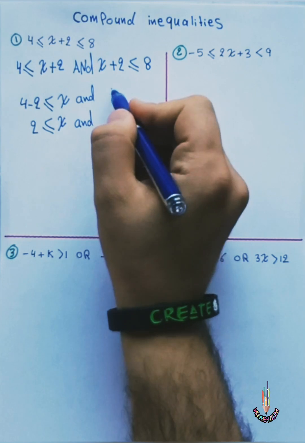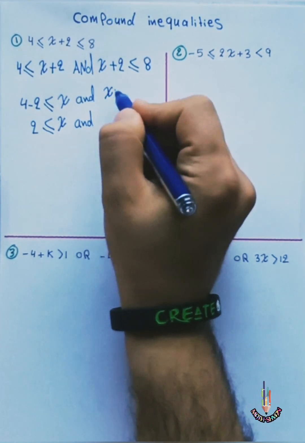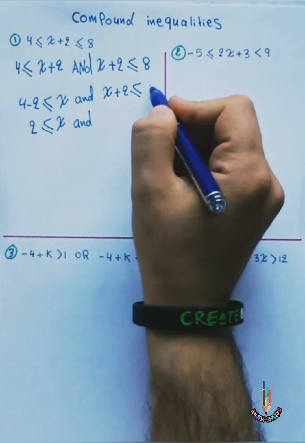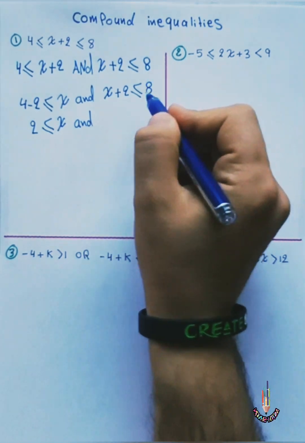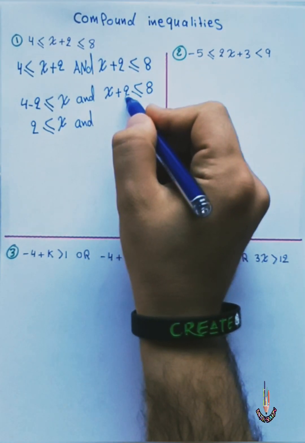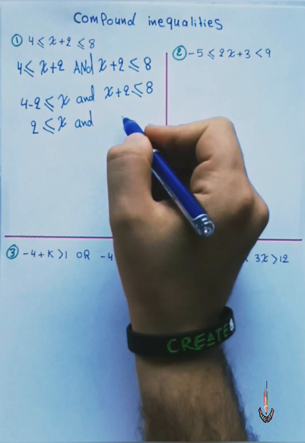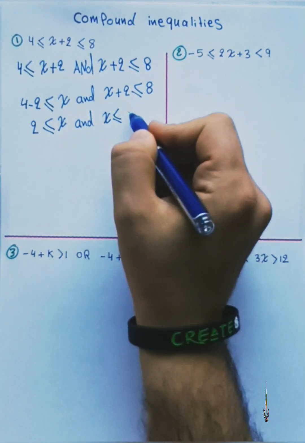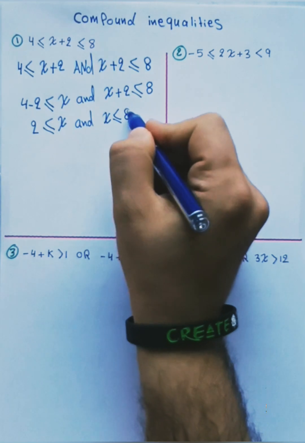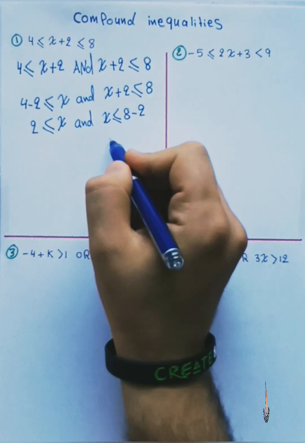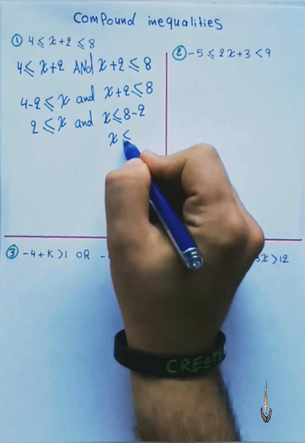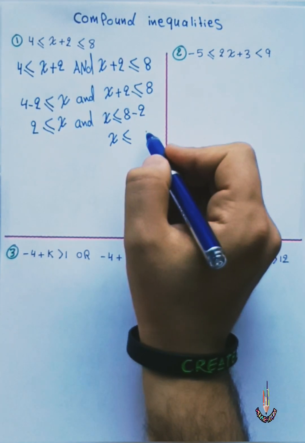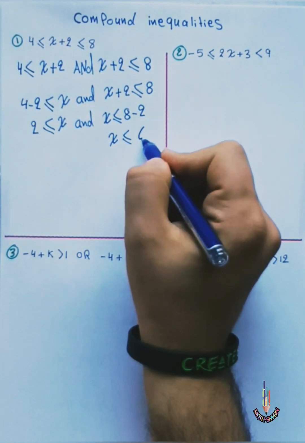On the right side we have x plus 2 is less than or equal to 8. We can move the positive 2 to the right side. So we have x is less than or equal to 8 minus 2, which equals 6.